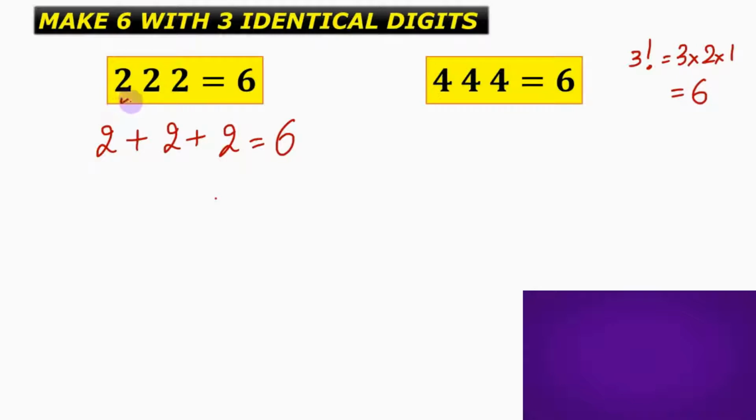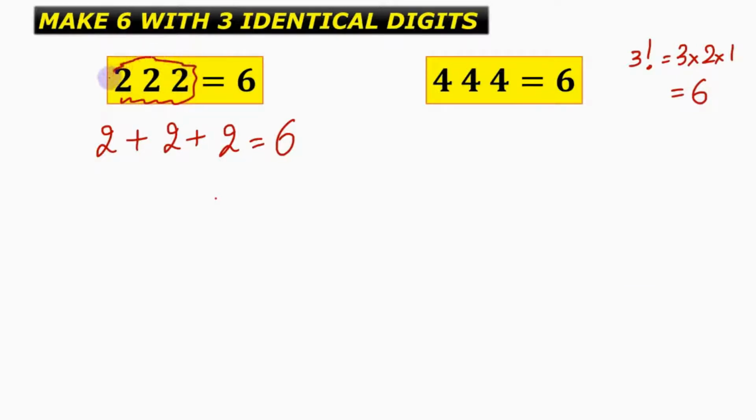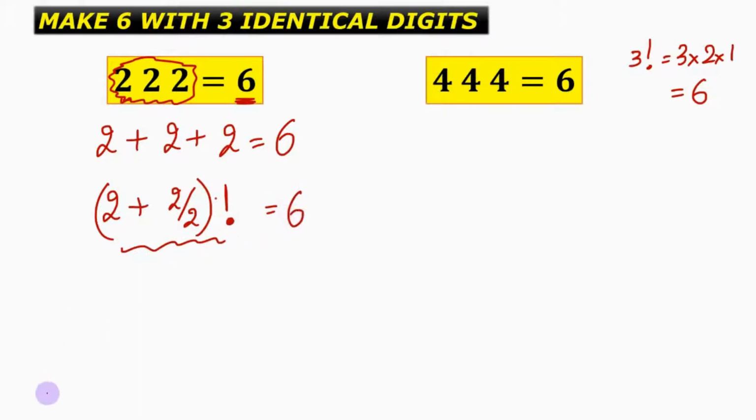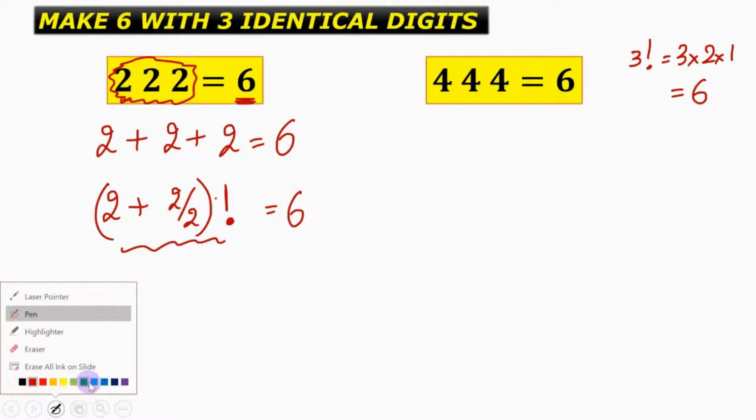Now if I can make a 3 using these 3 identical digits, then its factorial will be equal to 6. So I can write 2 plus 2 divided by 2 is equal to 3. And when you put a factorial, we get 3 factorial which is equal to 6, and this is the alternative solution to this previous question.